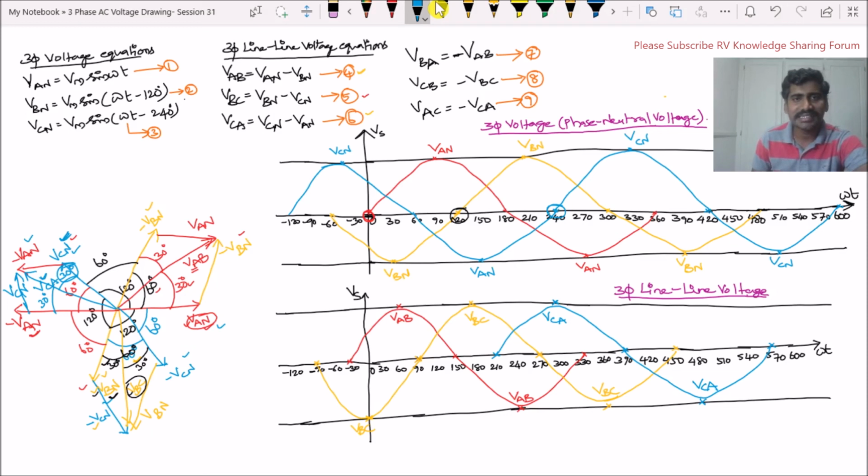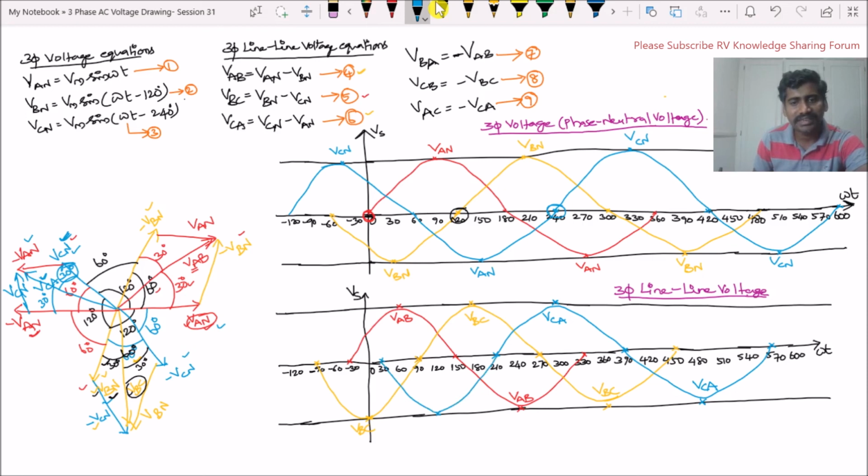Now let us extend this line voltage VCA to the left hand side also. From 210 degrees we have to leave 90 degrees to the left hand side. So that becomes 120 degrees, in order to have its peak value. From this 120 we have to leave another 90 degrees in order to complete its half cycle. So that becomes 30 degrees. Now let us draw this.